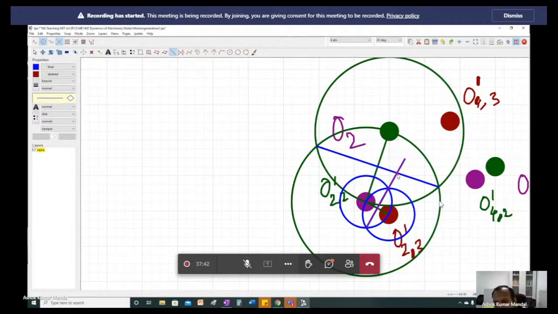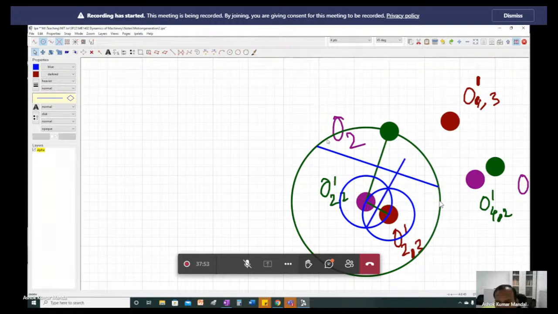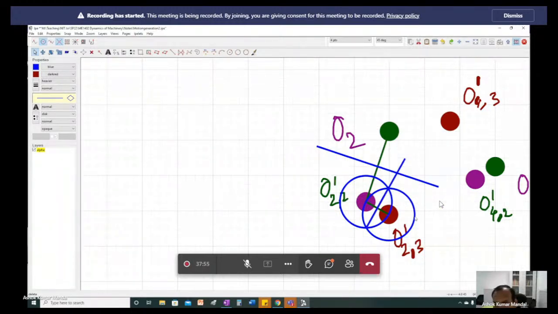To remove much ambiguity, let me remove these circles. You will just understand these are the perpendicular bisectors.